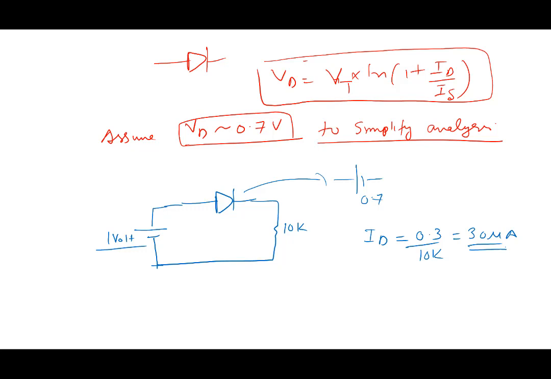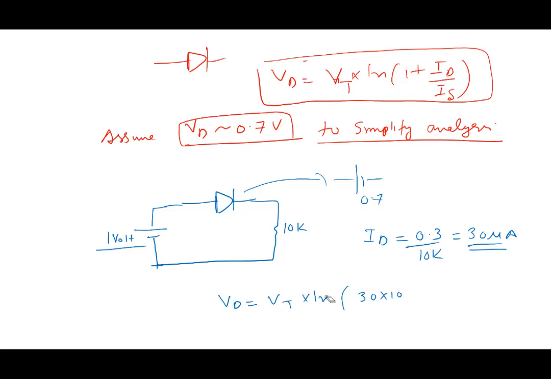Now suppose the current is 30 microamperes. What is the value of the actual diode voltage, do you think? Let's calculate. VD equal to VT ln of 30 into 10 power minus 6.